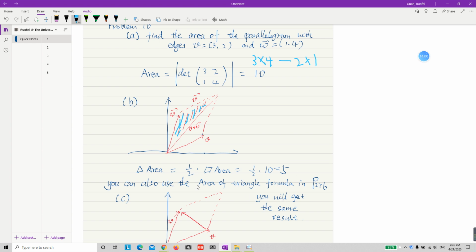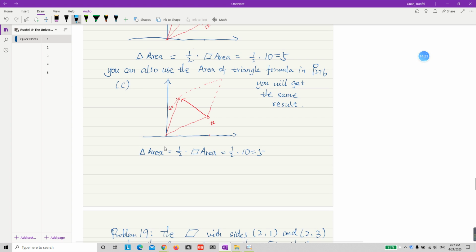Actually, the formula on this page is equivalent to this. It is the same formula as this one for the parallelogram. You only need to multiply by 1 over 2, then you will get the area of the triangle.